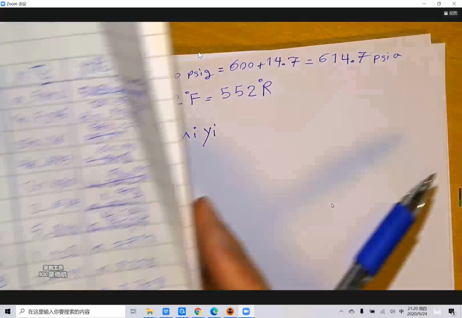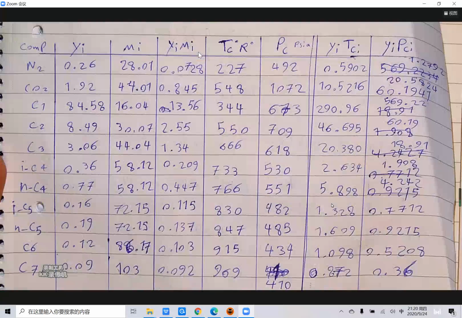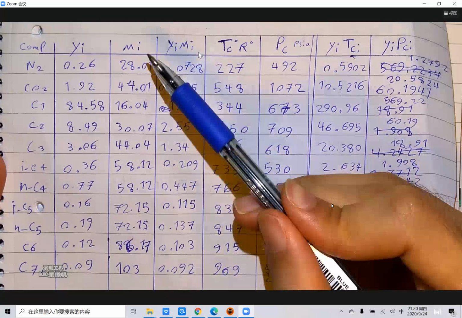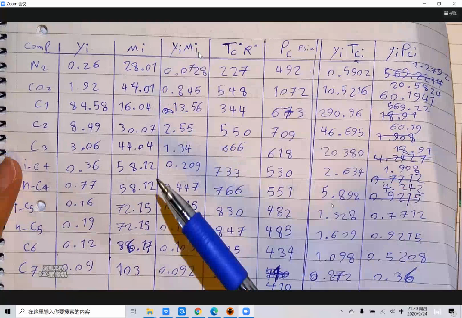You can see I wrote all of the molecular weights of each component till the end, and then multiplied each component by the mole fraction of all of them.